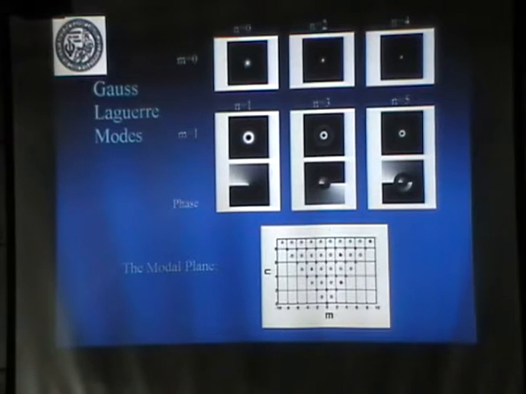So this is a set of functions that, if you combine them, you can build anything. You can plot them in a plot like this. m is this number, n is the other number, and so each mode is one dot. To represent any beam, you need to find the coefficients, which here are marked in red.